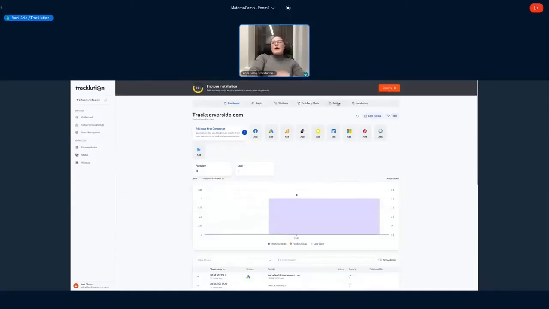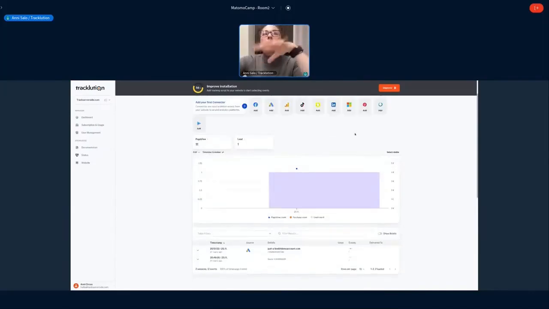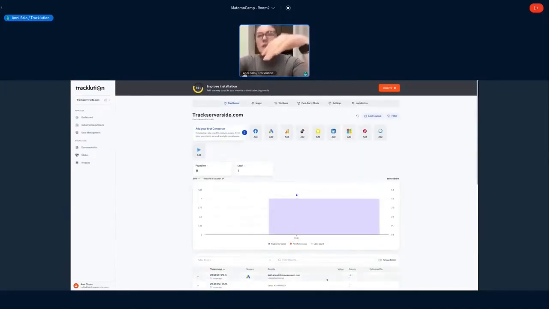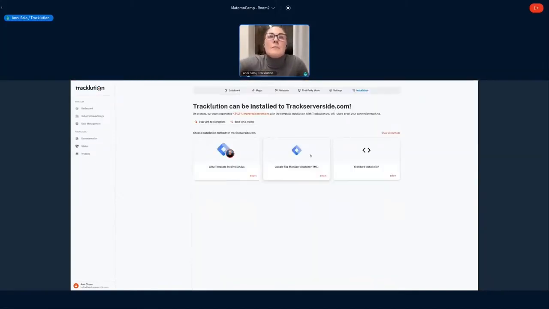What I want to do now is the installation. So I have created my server container now, and I'm able to access it. I have some demo stuff here already because I was practicing. But after that, I want to configure the sending of events from my Matomo Tag Manager.